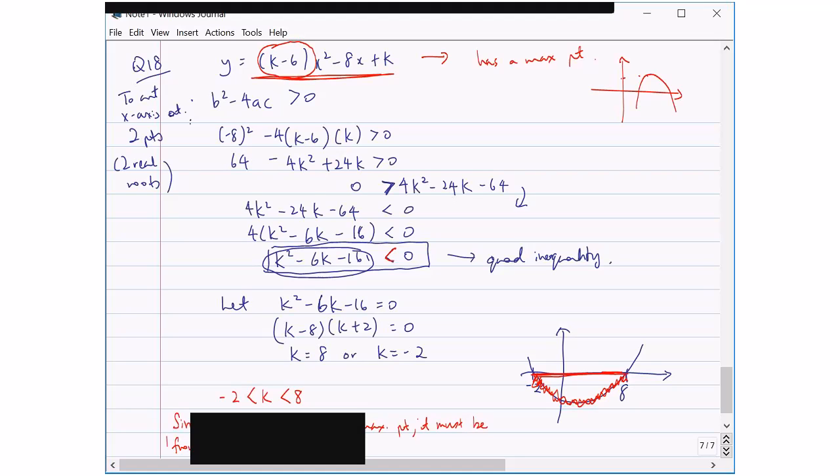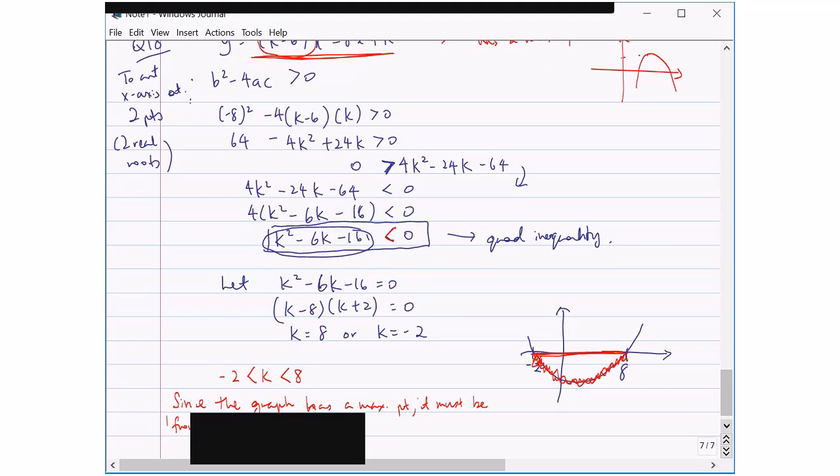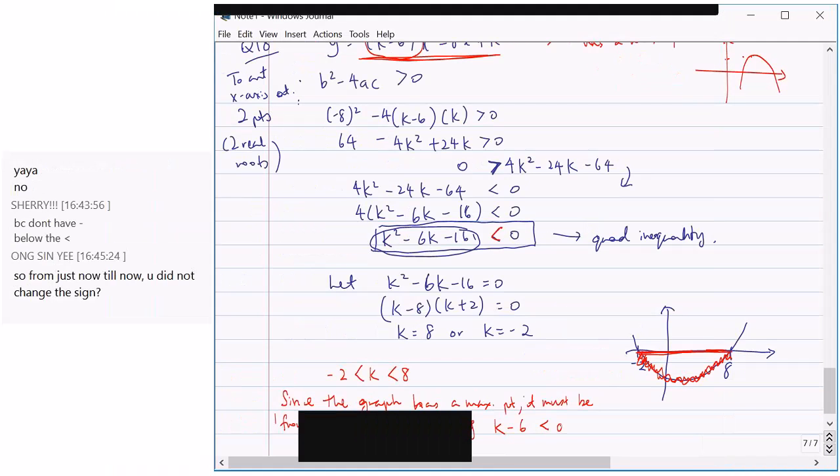Okay, we're talking about the original equation, not the subsequent one involving k. So it must be frowning. Since it's frowning, the coefficient of x squared, k minus 6, must be less than 0. It must be negative.